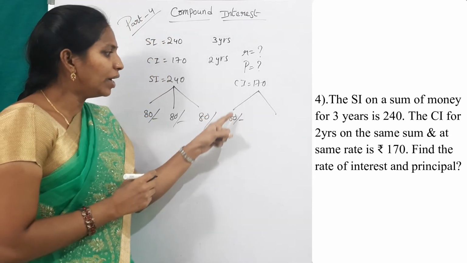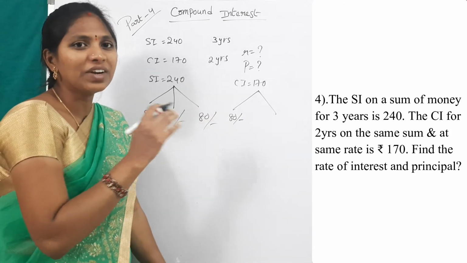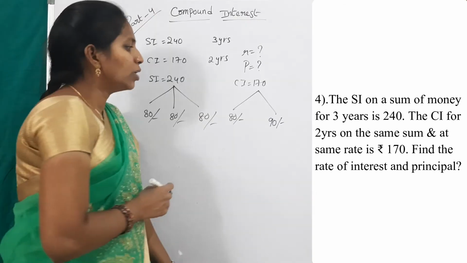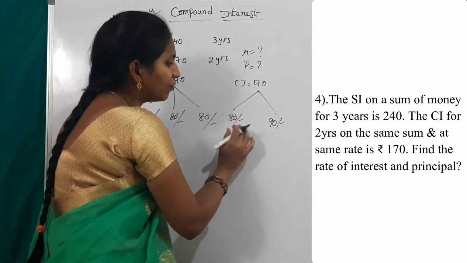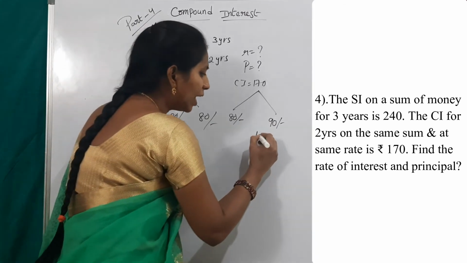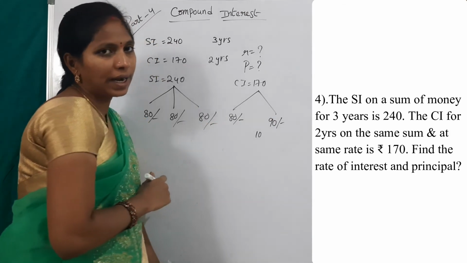Then for second year, 170 minus 80, that is 90. So how much increased from first year to second year? 10 rupees. 80 plus 10 equal to 90.